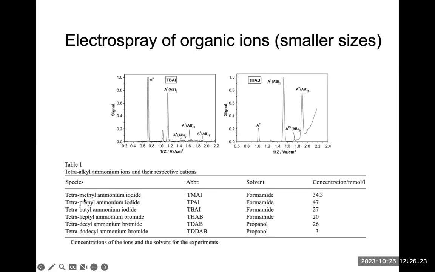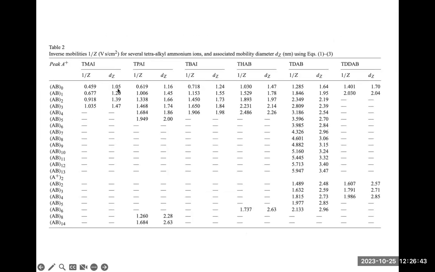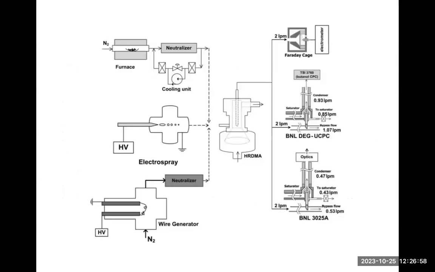Because of that, when you generate these ions through the electrospray, they're going to retain this specific structure. They're going to have a very uniform mobility size, right? So if you see from their mobility distribution, they have very sharp peaks coming out of the electrospray. And based on their electrical mobility, they have sizes of, let's say, between 1 nanometer to 3 nanometers. And we could use these organic ions as size standards when we're trying to calibrate, let's say, DMAs with higher sizing resolutions.